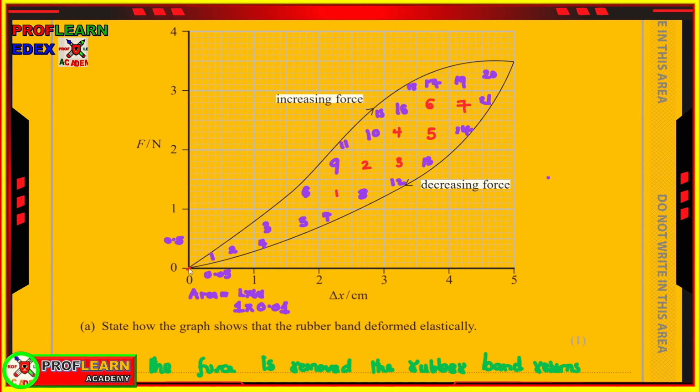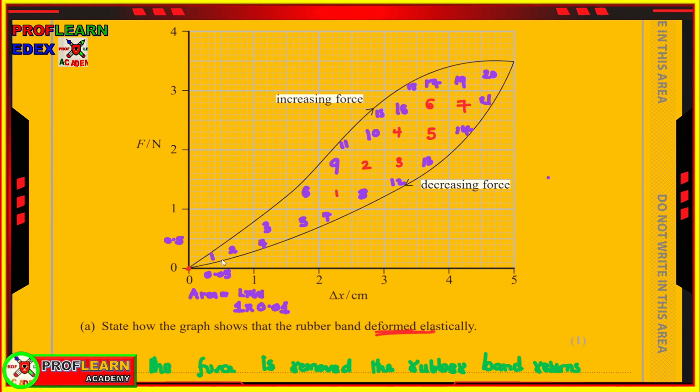The extension now is zero, which indicates that the material returned to the original shape. That is elastic deformation. But if it was plastic deformation, this could have ended here, meaning there could have been some extension this way, meaning that the material stretched plastically.